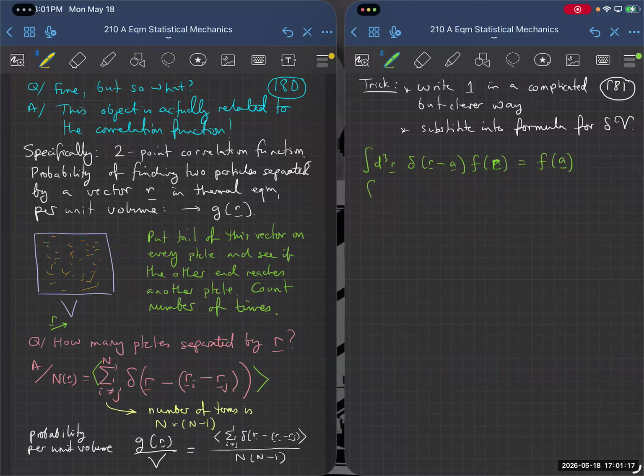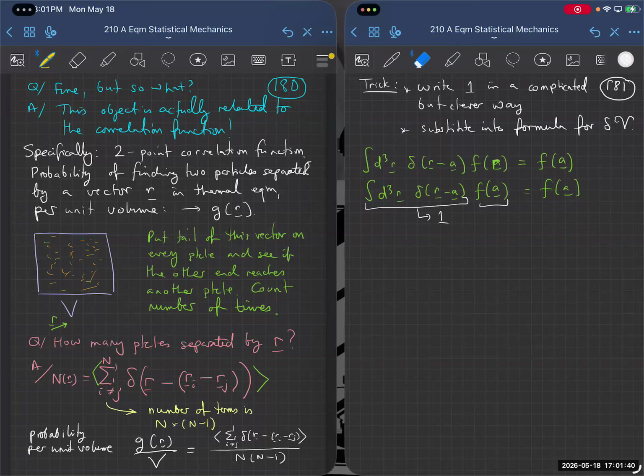And that's also true if I wrote down integral d3r delta of r minus a times f of a, that's also f of a. Because the integral of delta of r minus a is equal to 1, and that's just a constant. So we just get that.